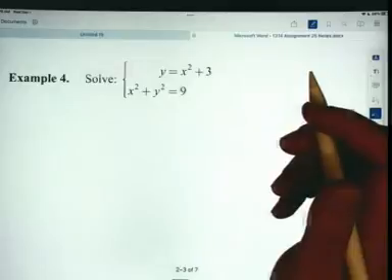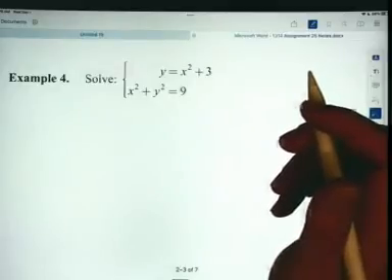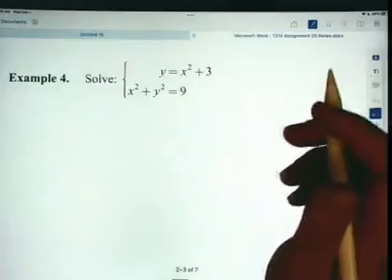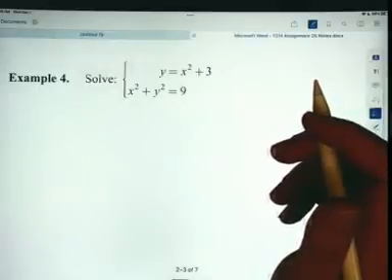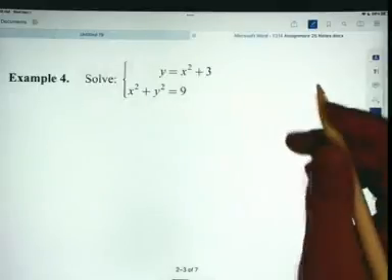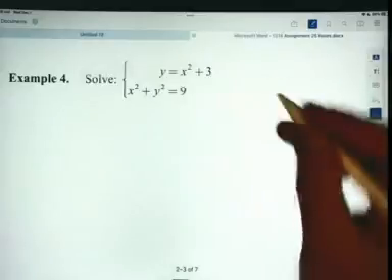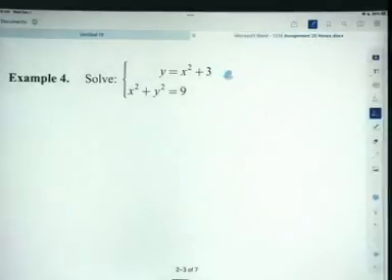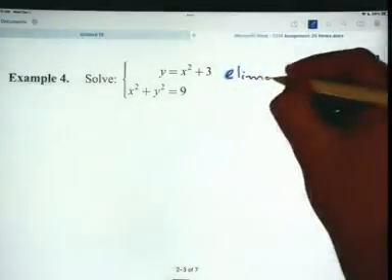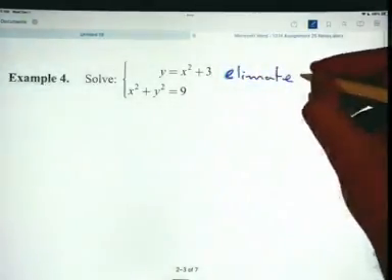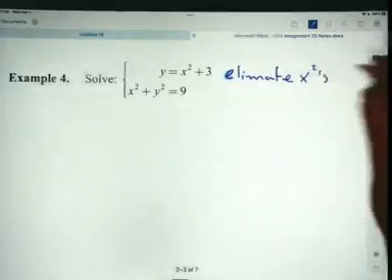So I have another thought up my sleeve, and that other thought would be to eliminate my x squareds.